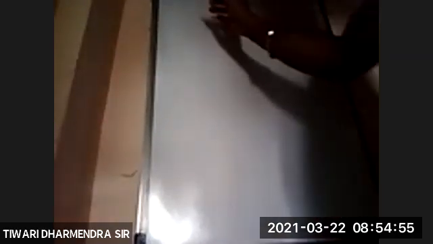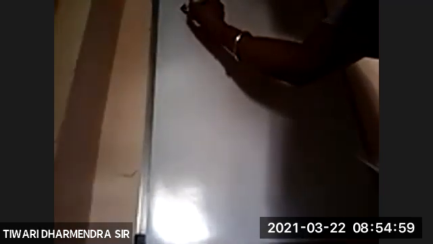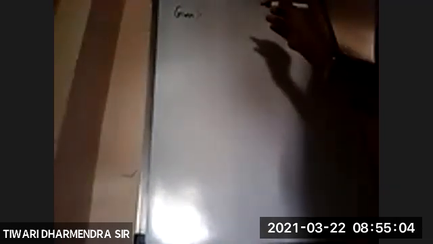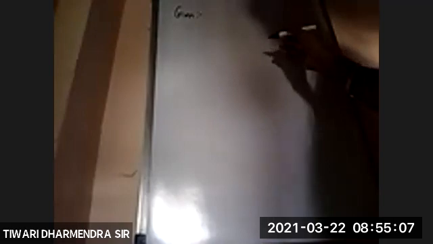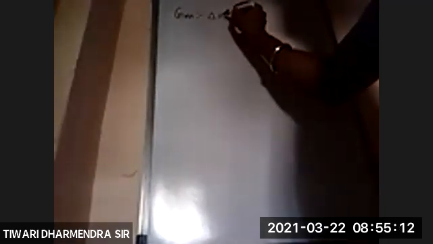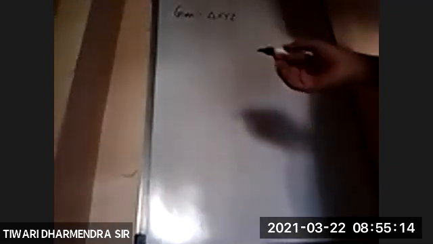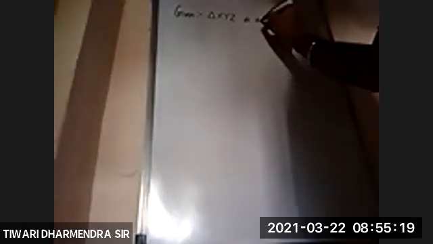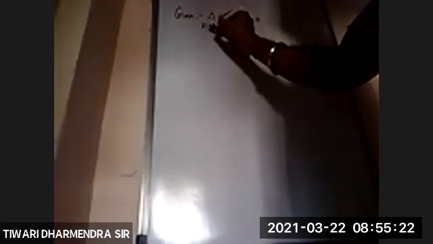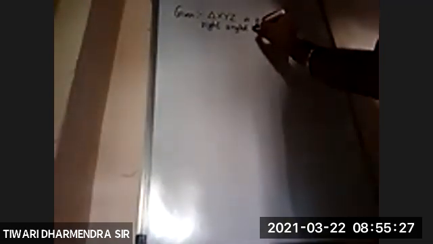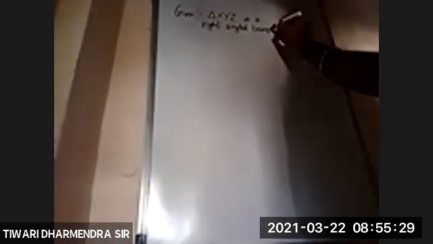So, given part: triangle XYZ is a right angled triangle.